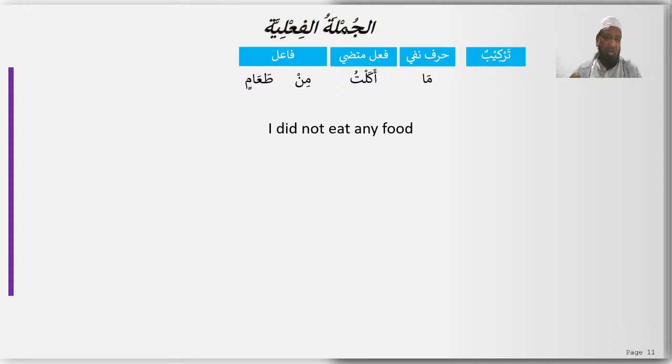But starters, possible. So ما أكلت طعاما does not negate the starters. But if you add the min here, that also includes the starters. Any food, not even starters. Good.